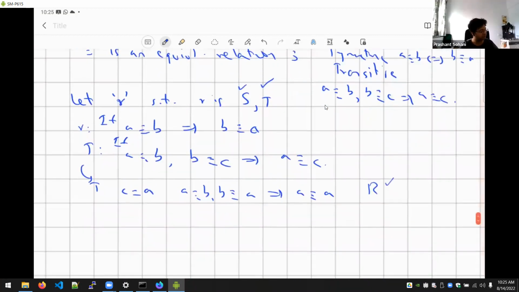See, what reflexive property claims is that for every element of your set, what is that set? Doesn't matter. X is congruent to X. This is what reflexive property claims.